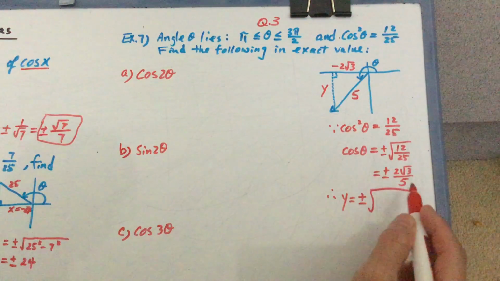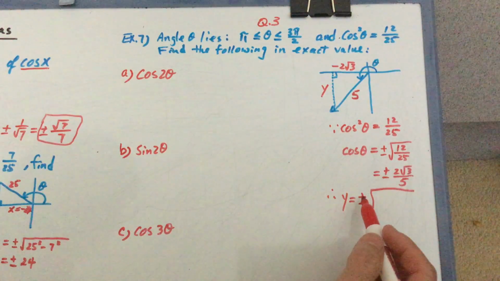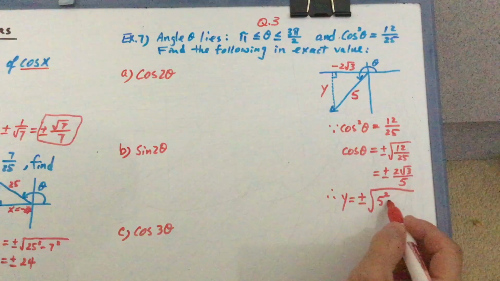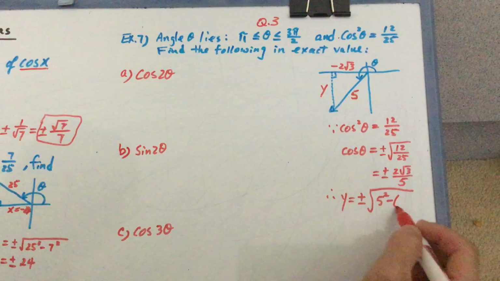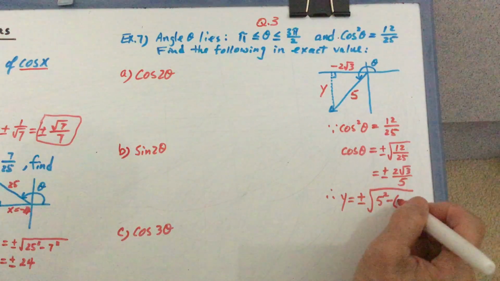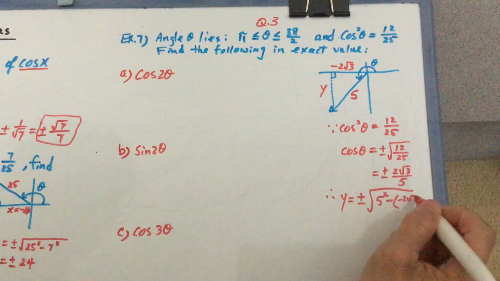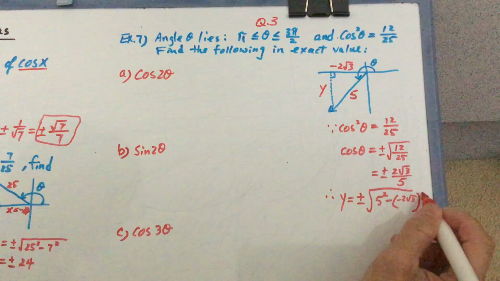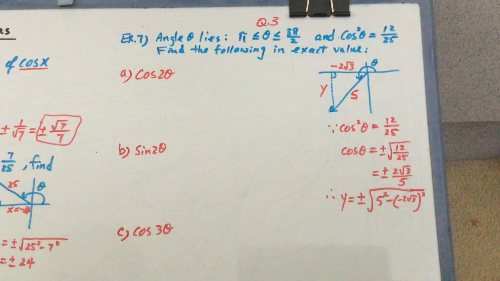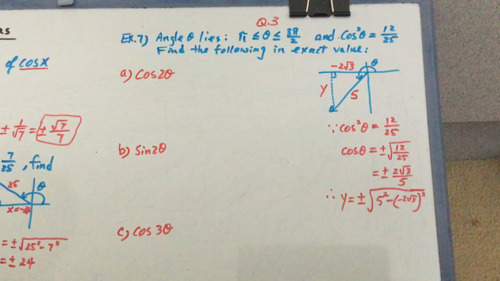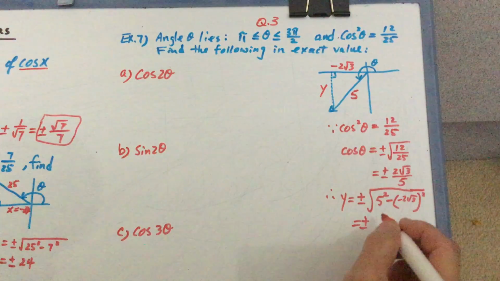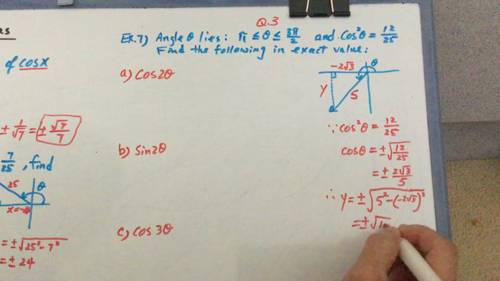According to the Pythagorean theorem, you take c squared minus the minus 2 root 3, squared, and you will work out that to be a plus and a minus root 13.